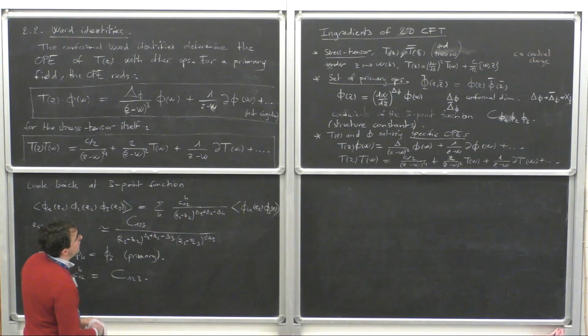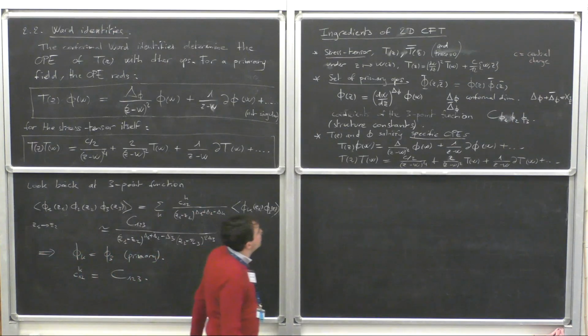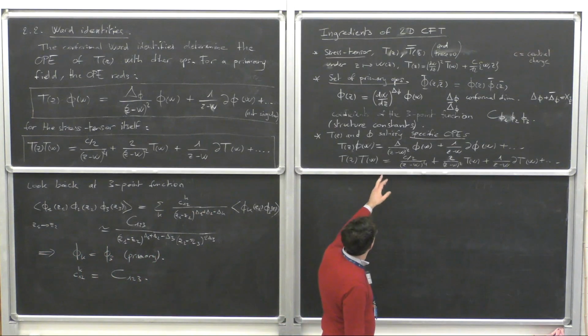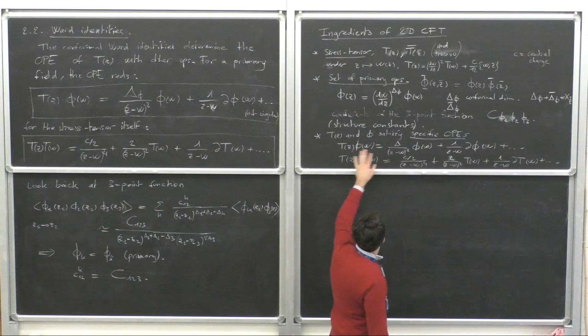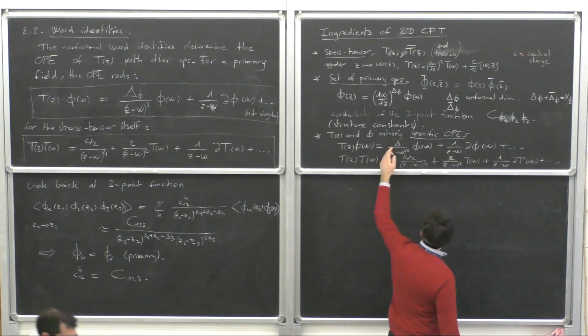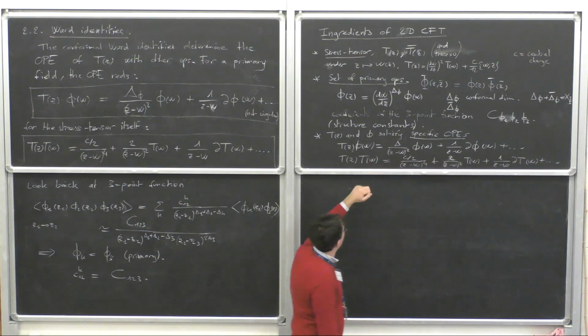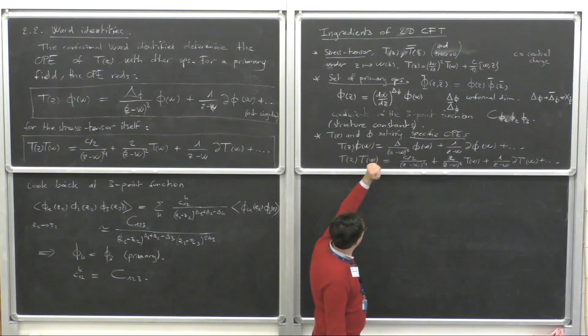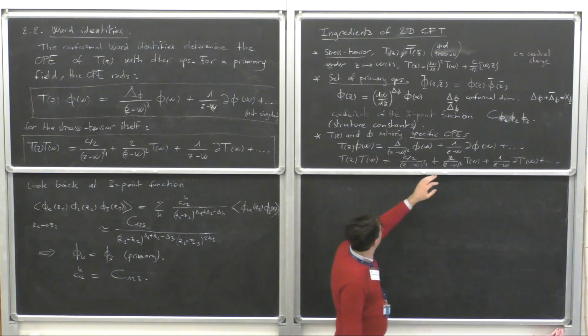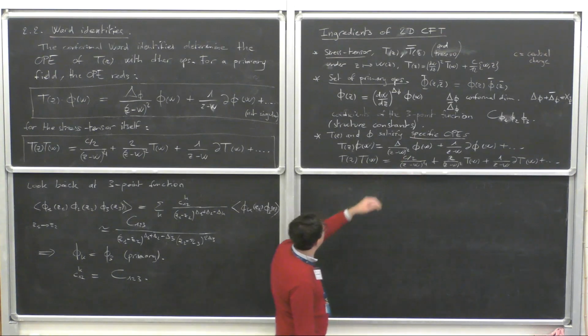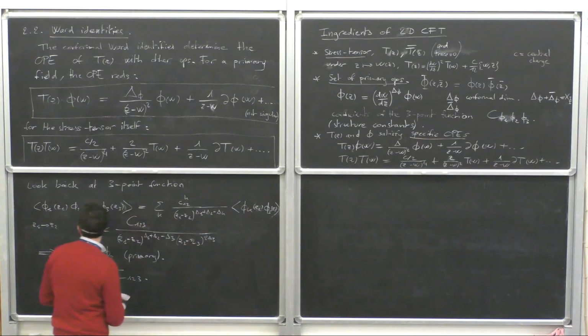And again, if you are used to this, you immediately see that an OPE like this means that this is a primary field with conformal dimension delta. You immediately see that this is a CFT with central charge C, and so on.